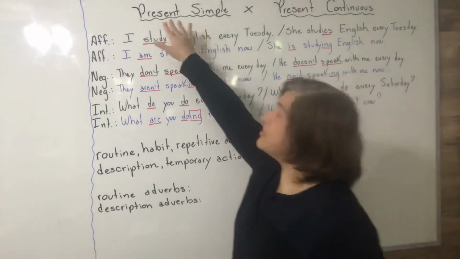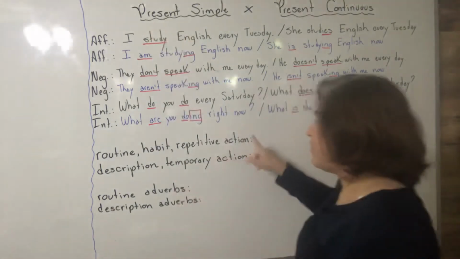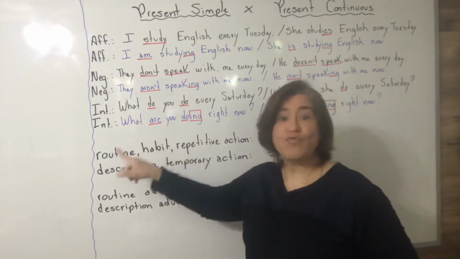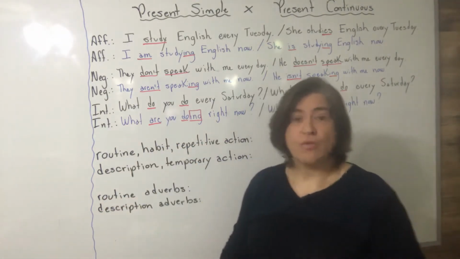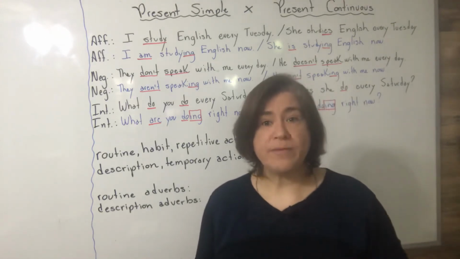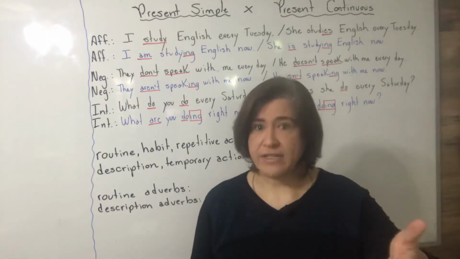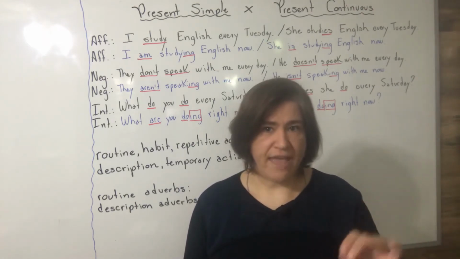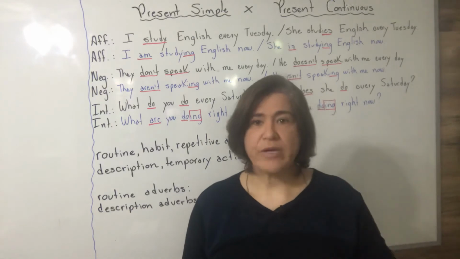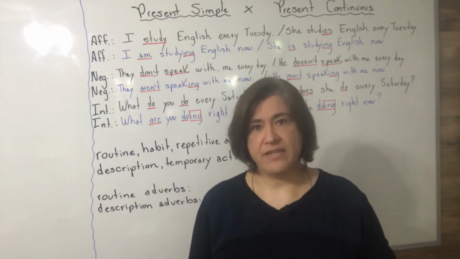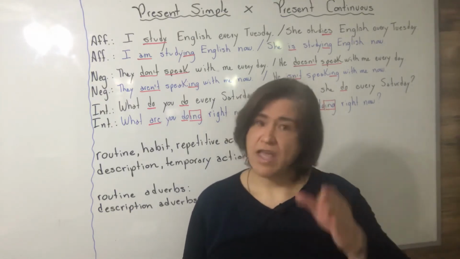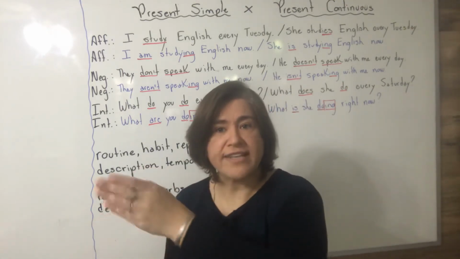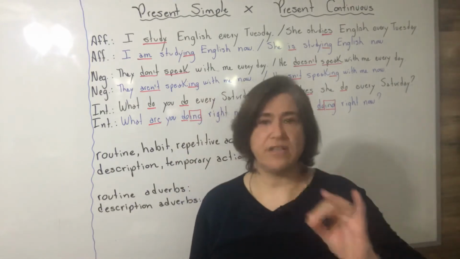We use the present simple for repetitive habits, routines. So remember, when you speak to an American, I study English every day, the Americans will understand you have a routine. Every day, Monday, Tuesday, Wednesday, Thursday, Friday, Saturday, Sunday, you study English.